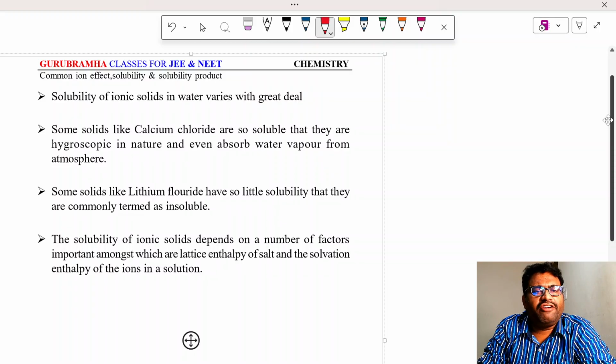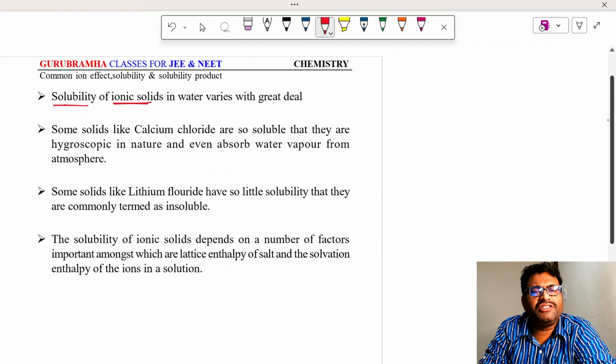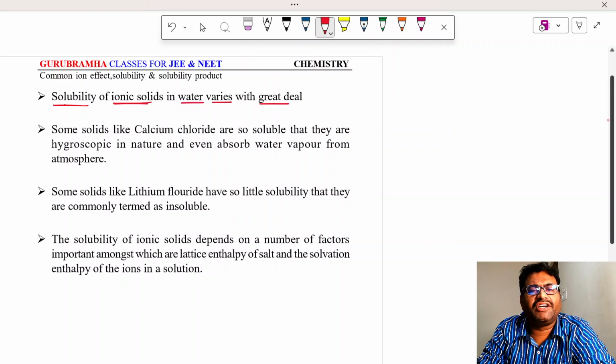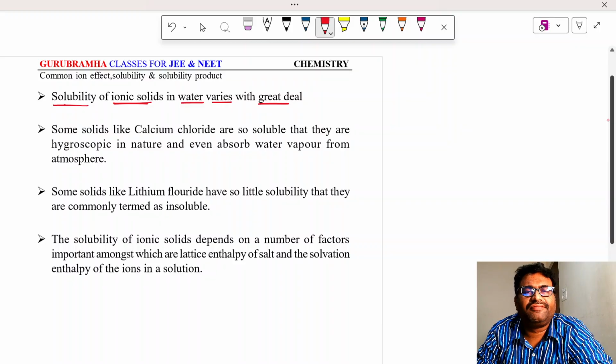The solubility of ionic solids in water varies a great deal. Do all the ionic solids dissolve in water to the same extent?